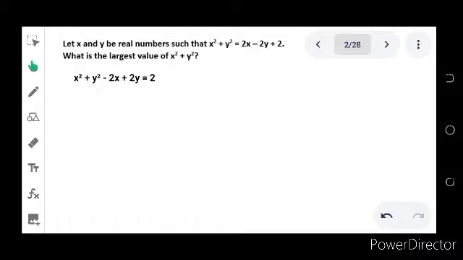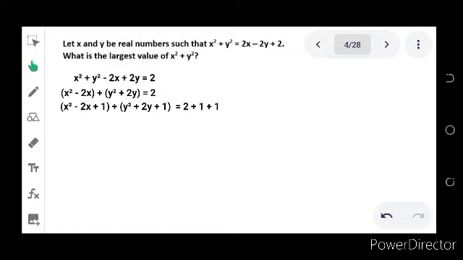Now, to find the center of the circle, we have to complete the square for both terms, but we need to group them first. We group the x terms and the y terms as well. So you have x squared minus 2x plus another group for y squared plus 2y. To complete the square for x, you get 1/2 of the coefficient of x and then square it.